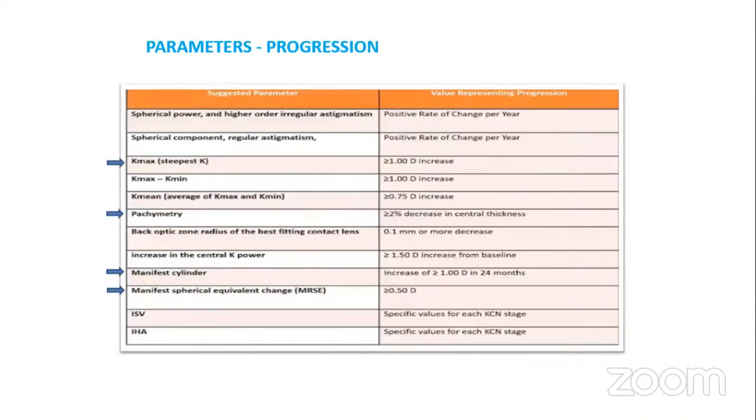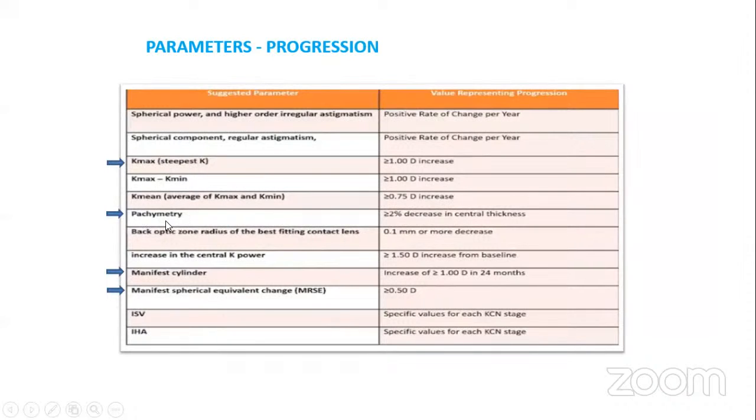I would like to mention the criteria and parameters which indicate that the keratoconus is progressing when we see the patient in subsequent visits. In this table there are many parameters which indicate progression of the keratoconus, and a few indices are also indicated here. But the most important ones and easy to appreciate are Kmax, pachymetry, and refraction. Kmax is seen in the sagittal curvature.